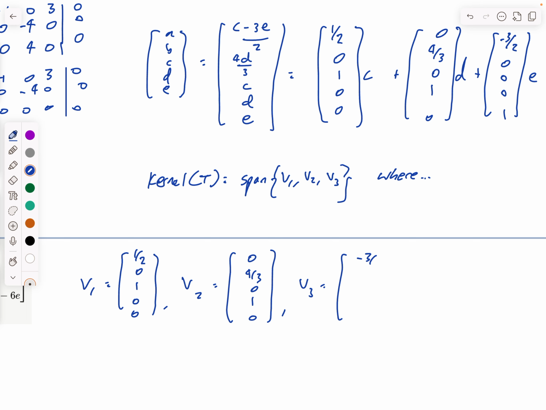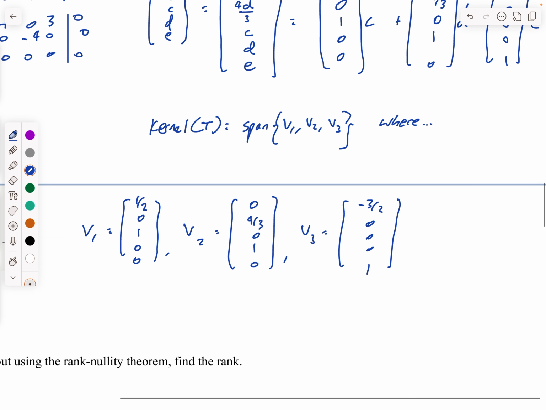And v3 is equal to -3 over 2, 0, 0, 0, and 1.